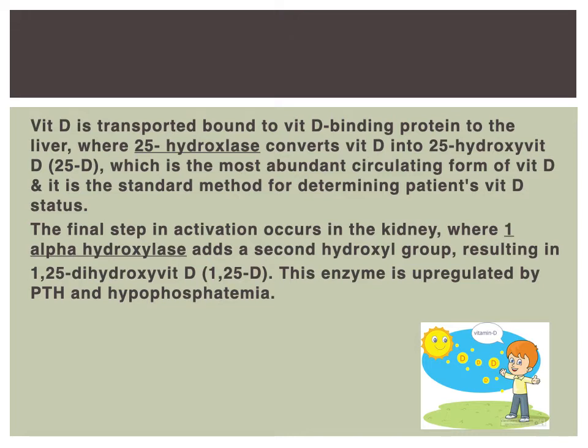The final step in the activation of vitamin D occurs in the kidney under the effect of the enzyme 1-alpha hydroxylase. It will add a second hydroxyl group, which results in 1,25-dihydroxycholecalciferol. This enzyme is upregulated by parathormone and hypophosphatemia.